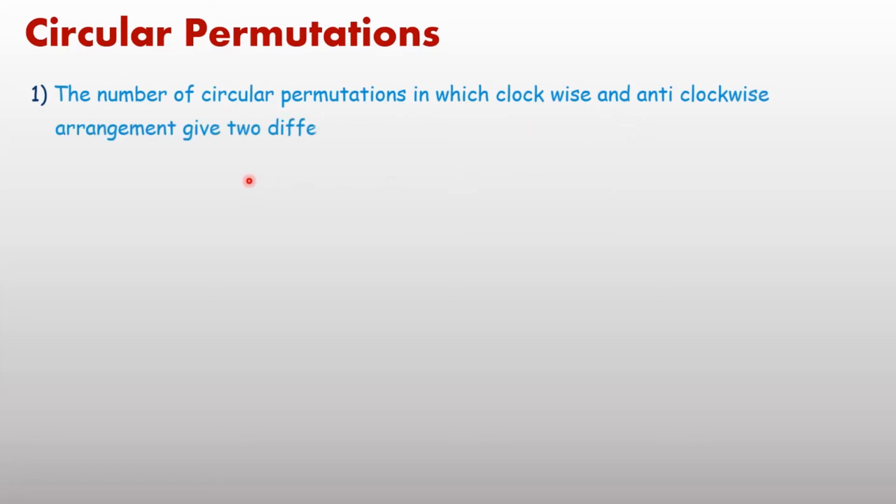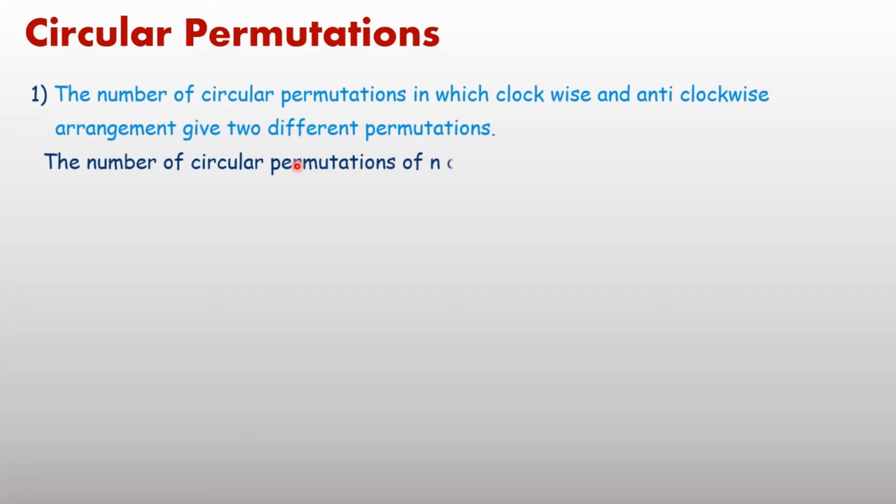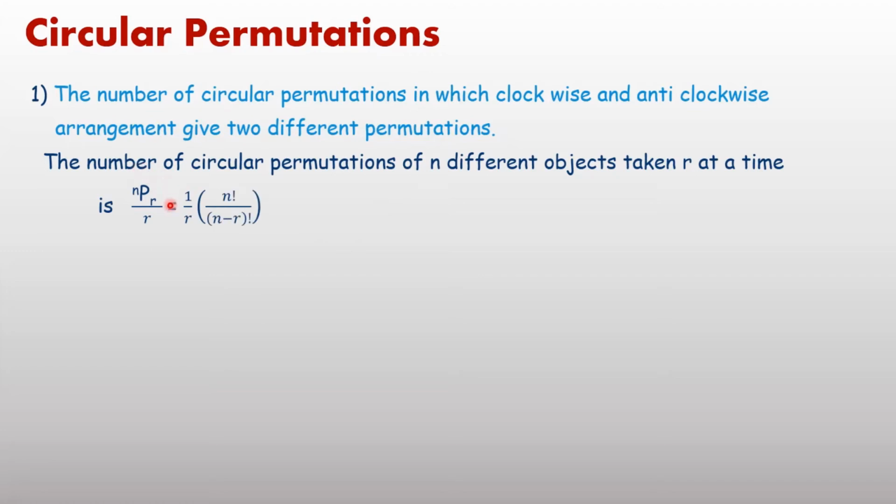Now, the number of circular permutations in which clockwise and anti-clockwise arrangements give 2 different permutations. Circular permutations have to be divided into 2 groups. In the first, clockwise and anti-clockwise are 2 different forms. In this case, the number of permutations equals nPr upon r, equals 1 upon r into factorial n upon factorial n minus r.